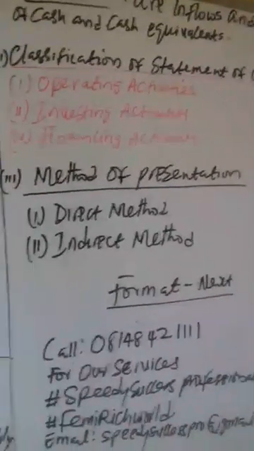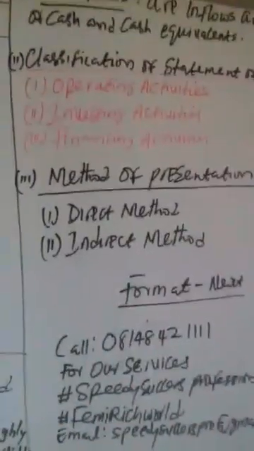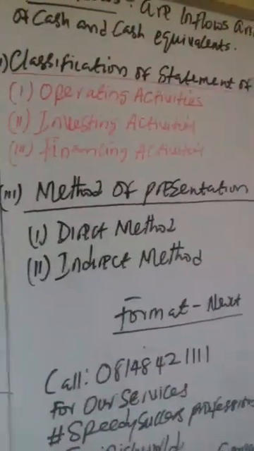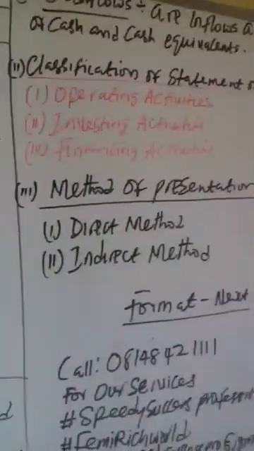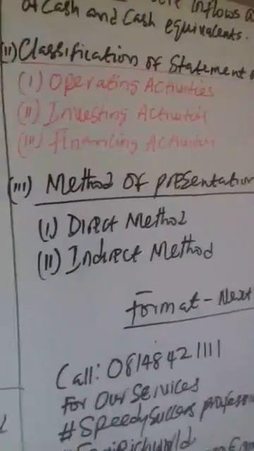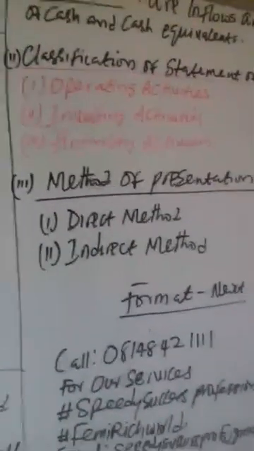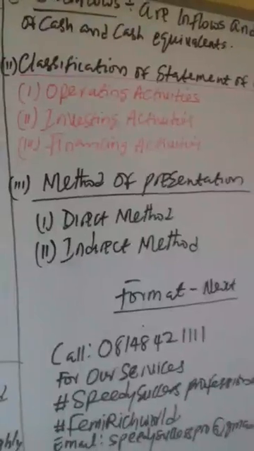Are we ready? Now, let me do a brief on operating activities. We said operating activities are the core or the major activities of a company which generate revenue and cash flows for them.